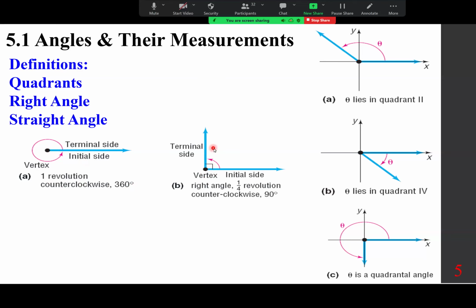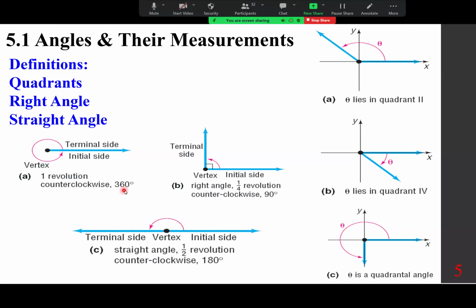This is a right angle, or 1/4 of a revolution counterclockwise, or 90 degrees, or pi over 2. This is 2 pi radians. Straight angle, 180 degrees. So here's the initial side, here is the terminal side. Half of a revolution counterclockwise, 180 degrees, or pi radians.